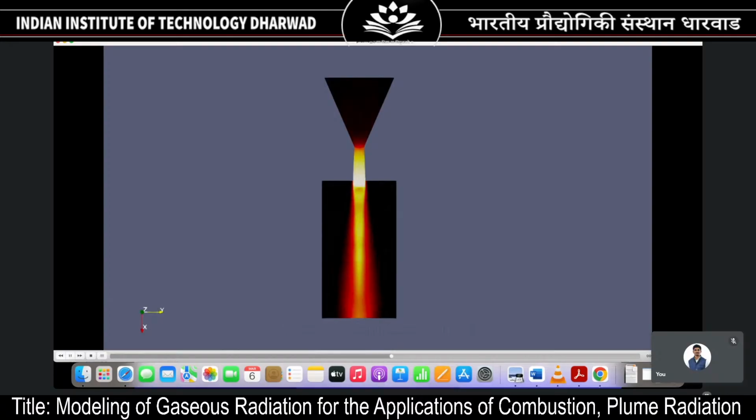You see a lot of shocks happening, shock reflection, and viscous layers and shear layers are formed. Once this is formed, we engage our radiation calculation.